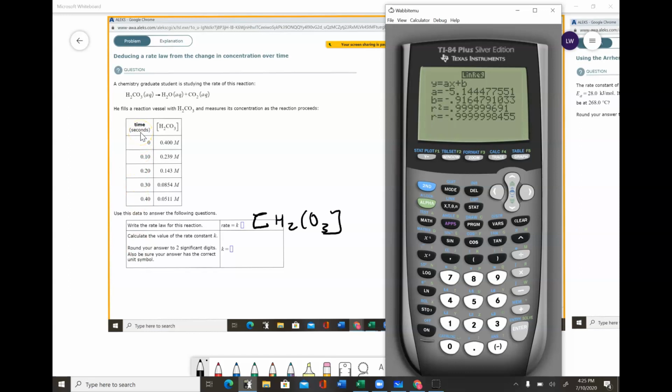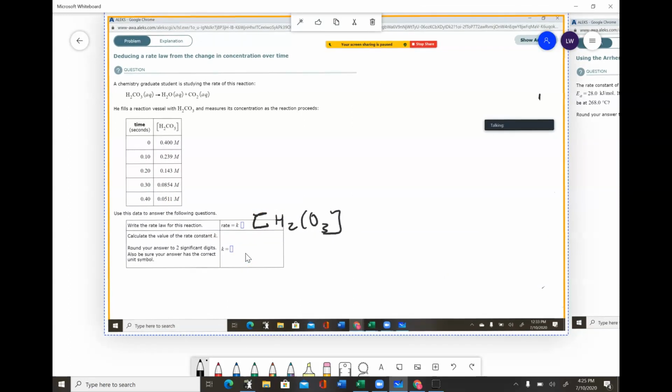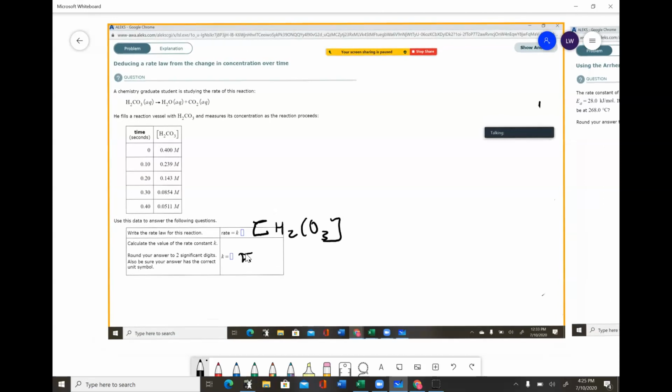In our case, our time's in seconds, so our units are going to be seconds to the minus 1. So this is just 5.1 seconds to the minus 1. That's probably the easiest way of solving that type of problem.